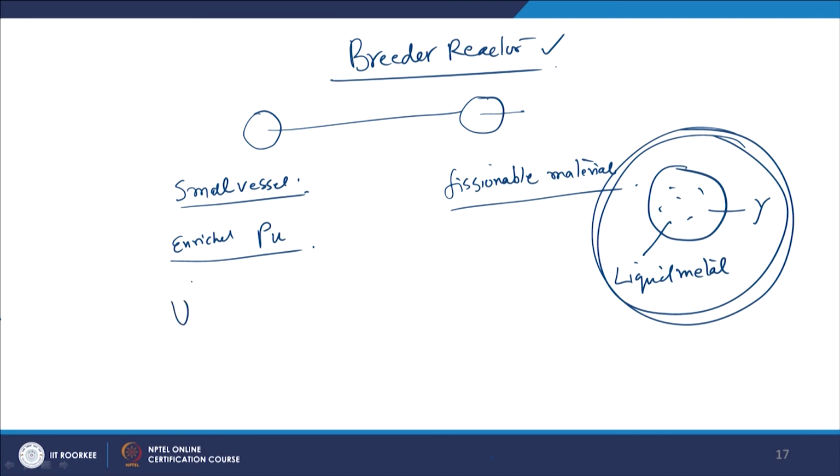When uranium 235 is fissioned, enormous heat is liberated, and at the same time neutrons are also liberated.